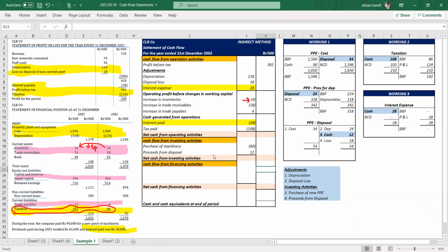Trade receivables also same. Plus means minus. But trade payables, plus is plus. Positive relationship. Is it clear? Nizam?